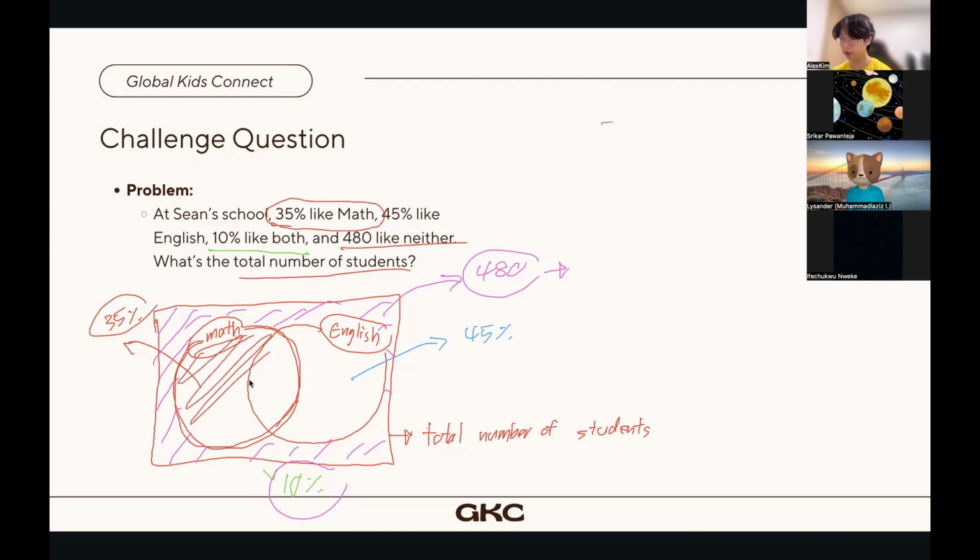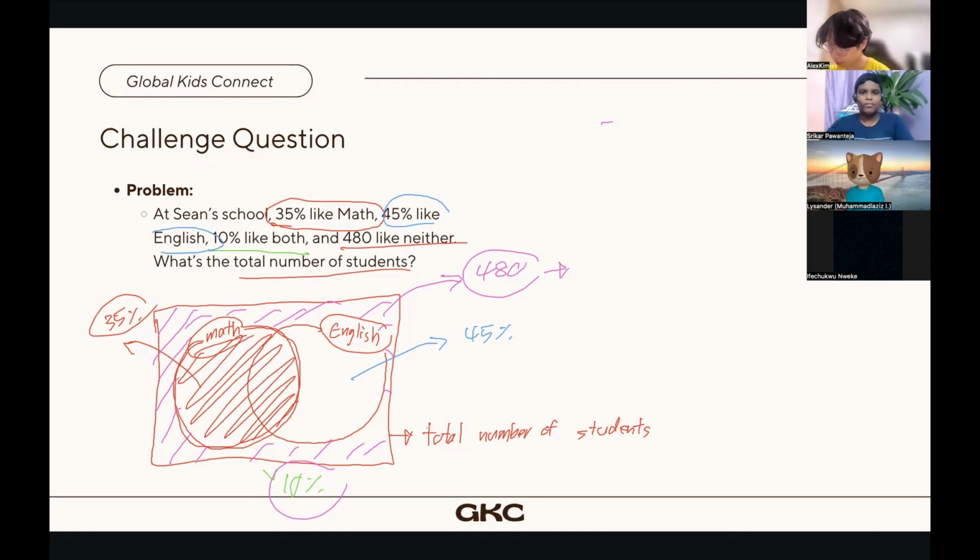So that will be this area here. And for English, the students that enjoy English, the question says that 40% like English. So the area of the second circle here is equal to 45% of the total number of students.